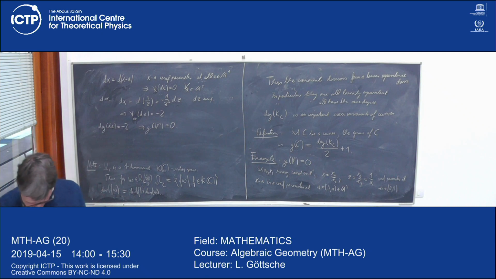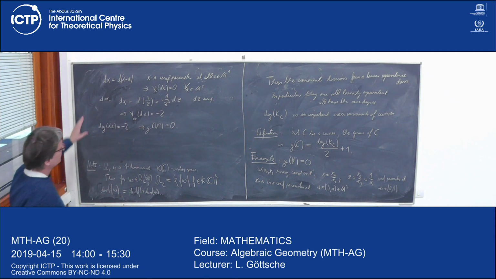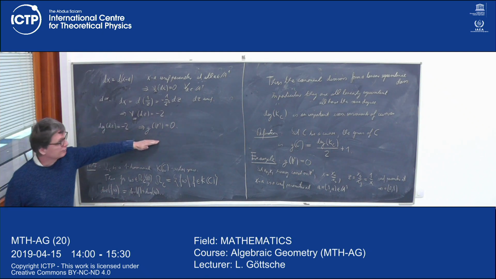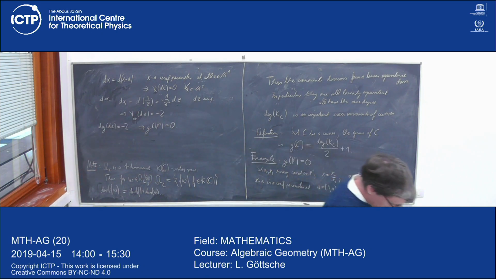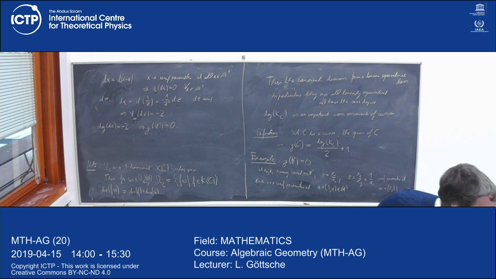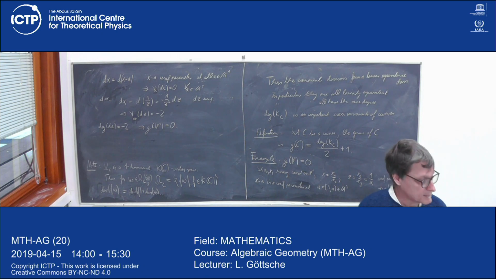Okay. So in this simple case, one can compute the genus just like this. Does this correspond to a sphere, the projective line? Well, yeah, over the complex numbers the projective line is a sphere.